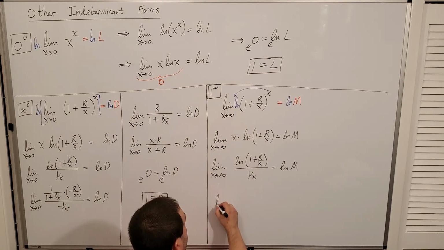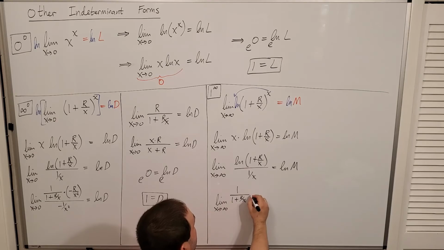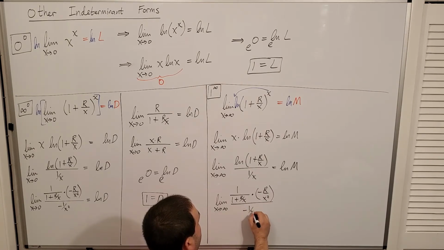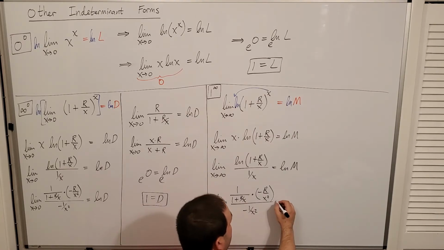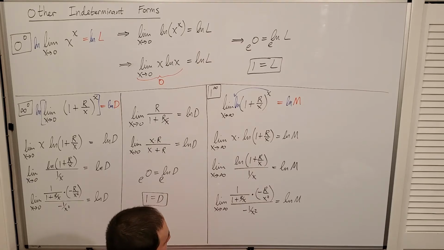I end up with the limit as x goes to infinity of 1 over 1 plus r over x times negative r over x squared for the chain rule, divided by negative 1 over x squared from the derivative of 1 over x. And of course that's still equal to the ln of quantity m.